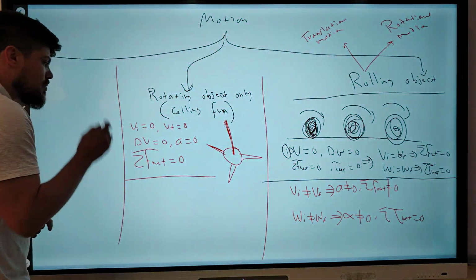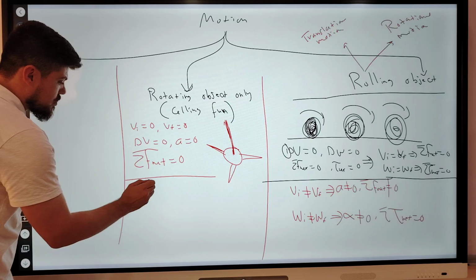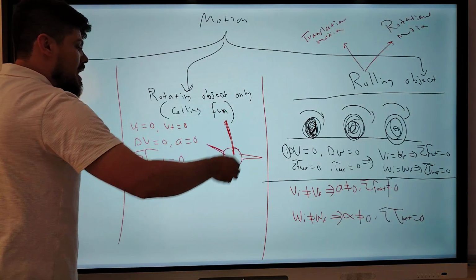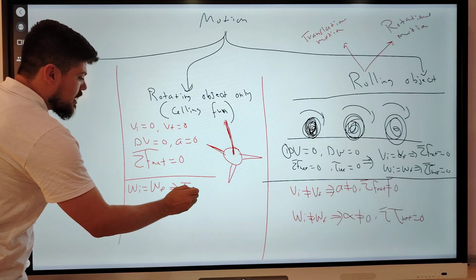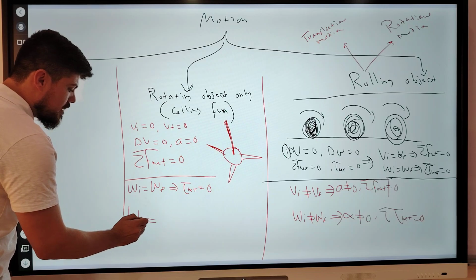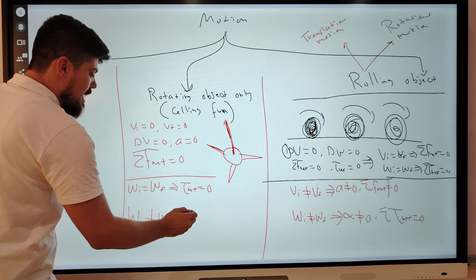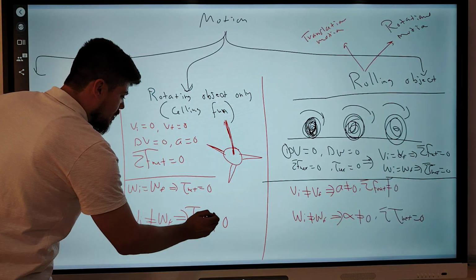But for rotational equilibrium, if omega initial is equal to omega final, when the ceiling fan has constant angular speed, only in that case net torque is equal to 0. But if omega initial of the ceiling fan is not equal to omega final, in that case net torque is not equal to 0.